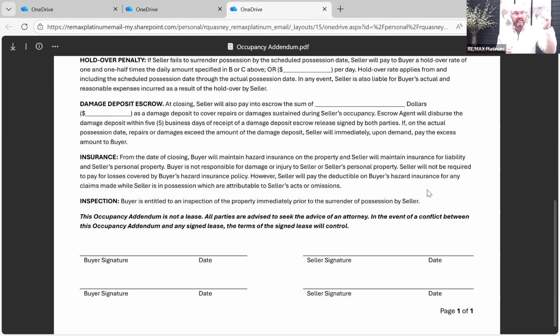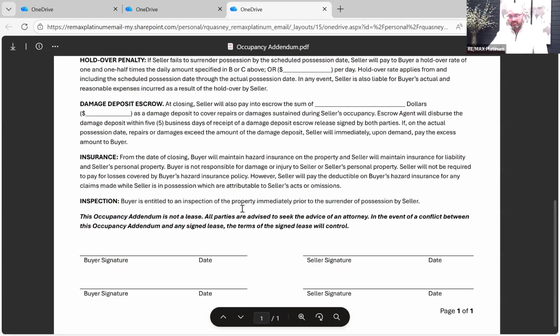Try to show as much of the home as you can, because you need to be able to prove that any damage that occurs when they take possession was not there when they signed the documents at the closing table.